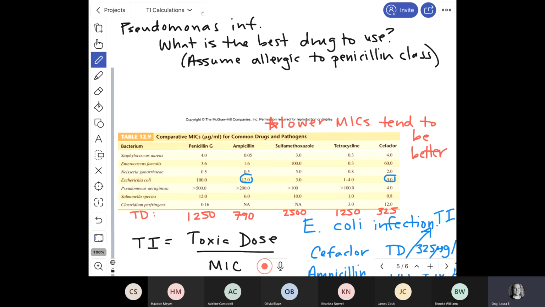But if it says greater than, I kind of picked a bad example, but go ahead and use the number, like where it says greater than 500, just use 500. Okay, thank you. I'll try not to pick ones that have a range or a greater than on the actual exam.